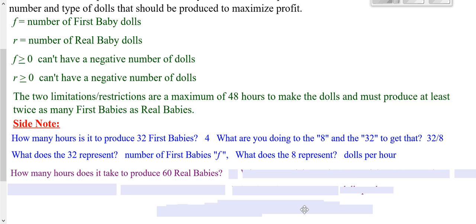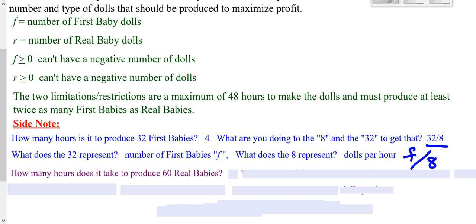So following the pattern, we need to take the number of babies, which is F, divided by the 8. That's how we come up with the hours to do our first babies.